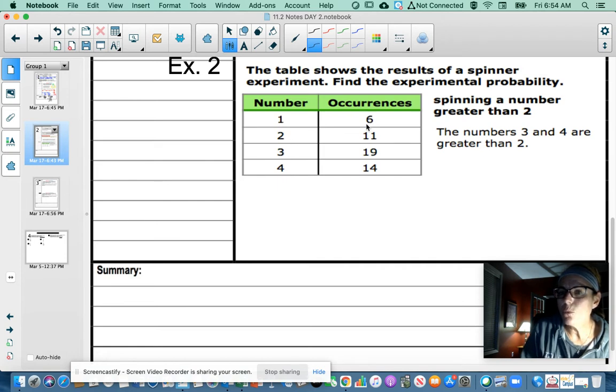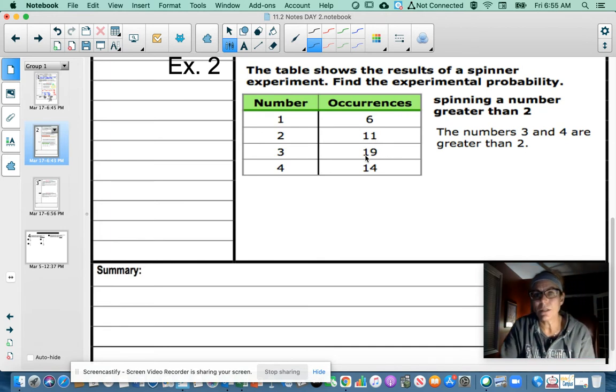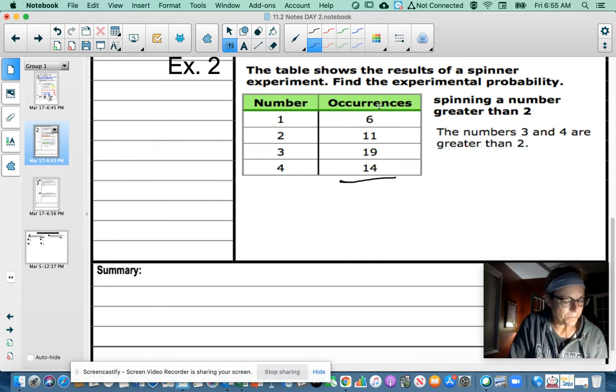They landed on 1 when they spun the dial 6 times, 2, 11 times, 3, 19 times, and 4, 14 times. So the first thing we want to do is add those up. 6 plus 11 plus 19 plus 14 is 50. We spun the dial on the spinner 50 times.